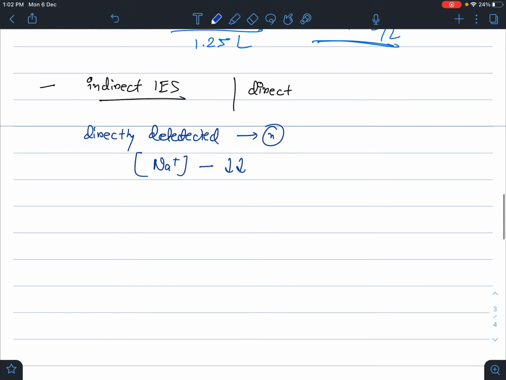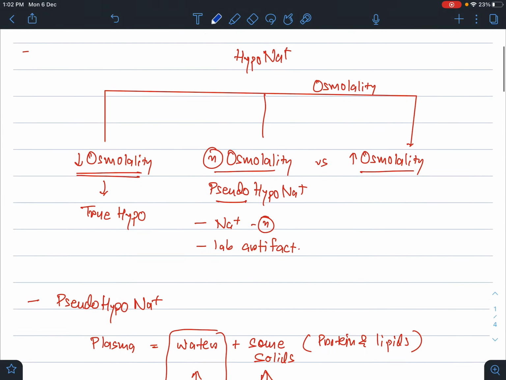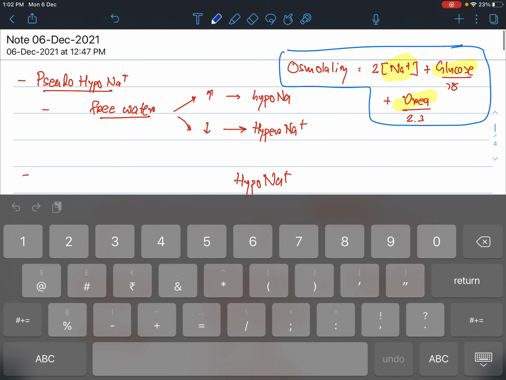If sodium is very low, the calculated osmolarity will also come out very low, because it largely depends on sodium based on this equation.